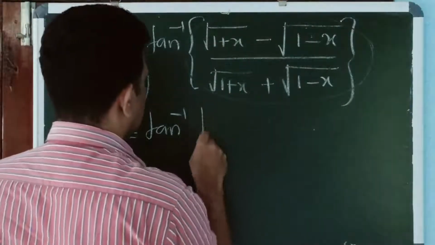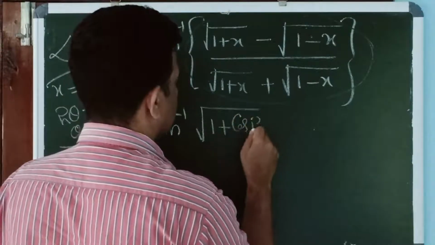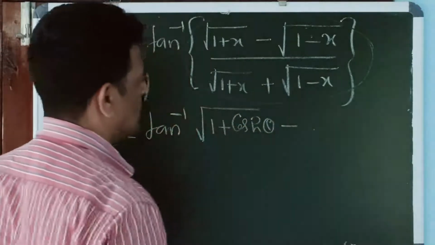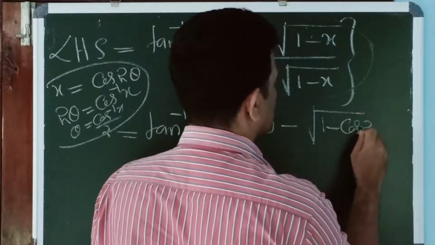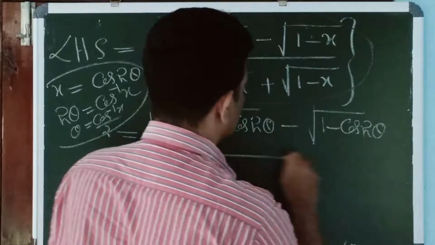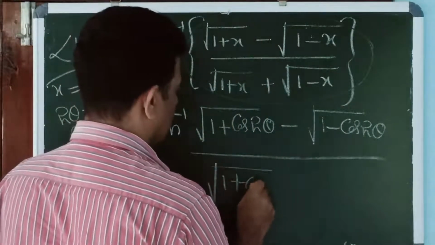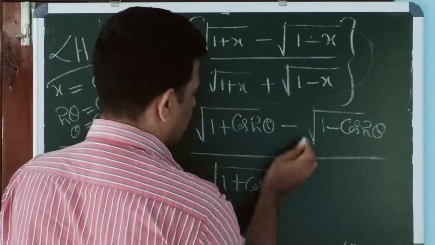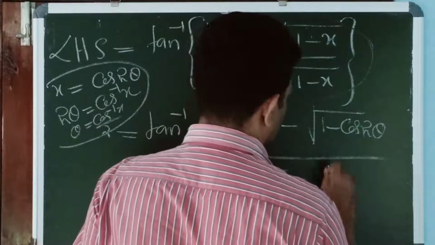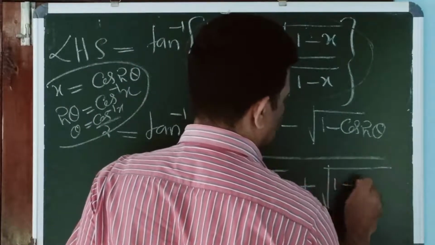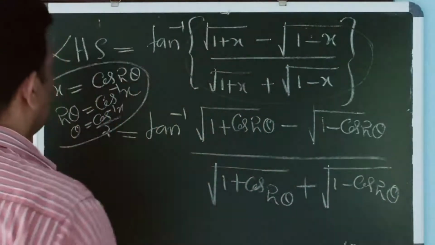Now it becomes tan inverse of (square root of 1 plus cos 2 theta minus square root of 1 minus cos 2 theta) divided by (square root of 1 plus cos 2 theta plus square root of 1 minus cos 2 theta).